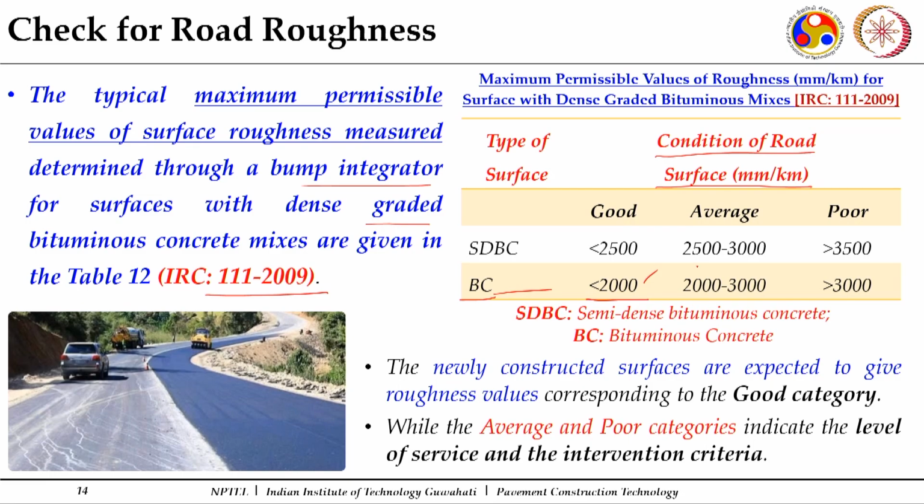If it comes in the range of 2000 to 3000, we call the surface average, and if it is more than 3000, it is a poor surface. That triggers the moment at which we have to initiate repair and maintenance. For a newly constructed one we always prefer a value much lower than 2000.